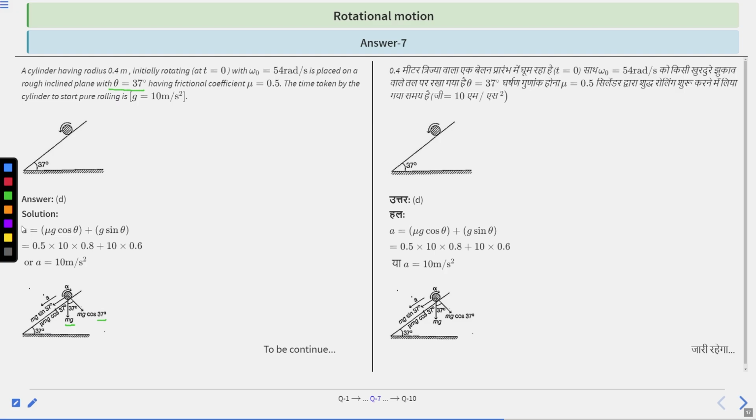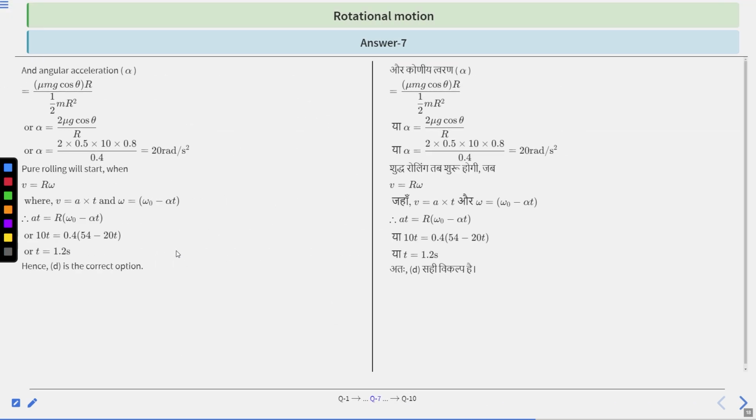So we know a equal to mu g cos theta plus g sine theta. Clear? So putting all terms, the acceleration in this direction: mu is 0.5, g is 10, cos theta is 0.8, plus g 10 multiplied by sine 37 degree, 0.6. Solving this, you will get acceleration of 10 meter per second square. Clear?